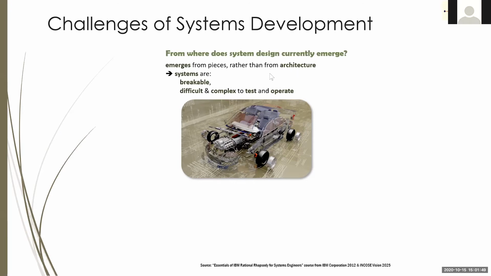But in many instances, in many places, that is not true. It's just coming from little pieces that we are putting here and there. And when you do that, the system is going to be breakable. It's not going to be stable. And you are going to have difficulty and complexity to test and to operate that system.